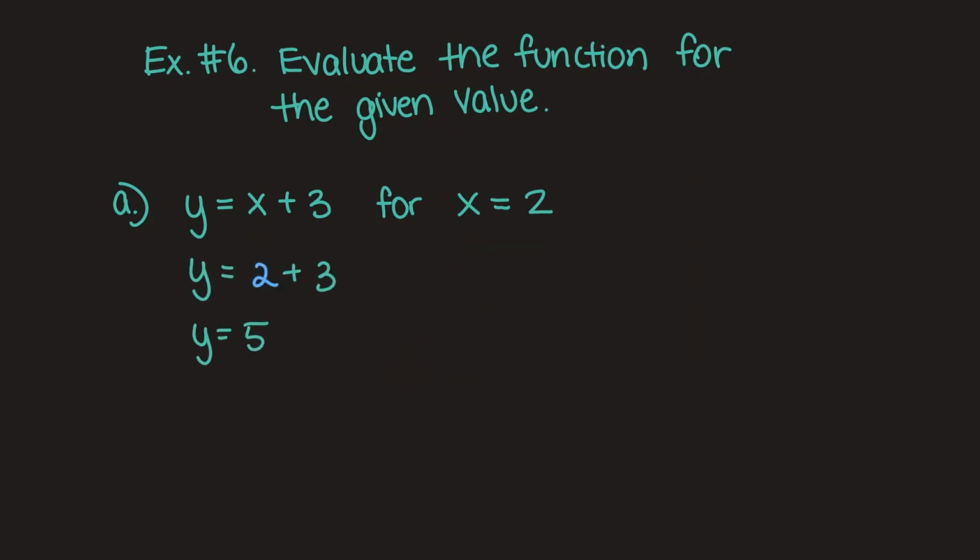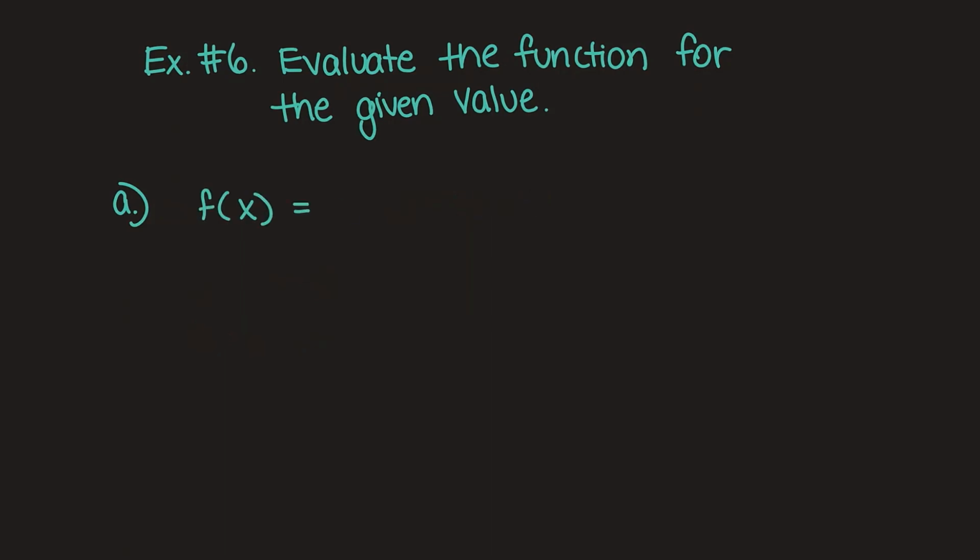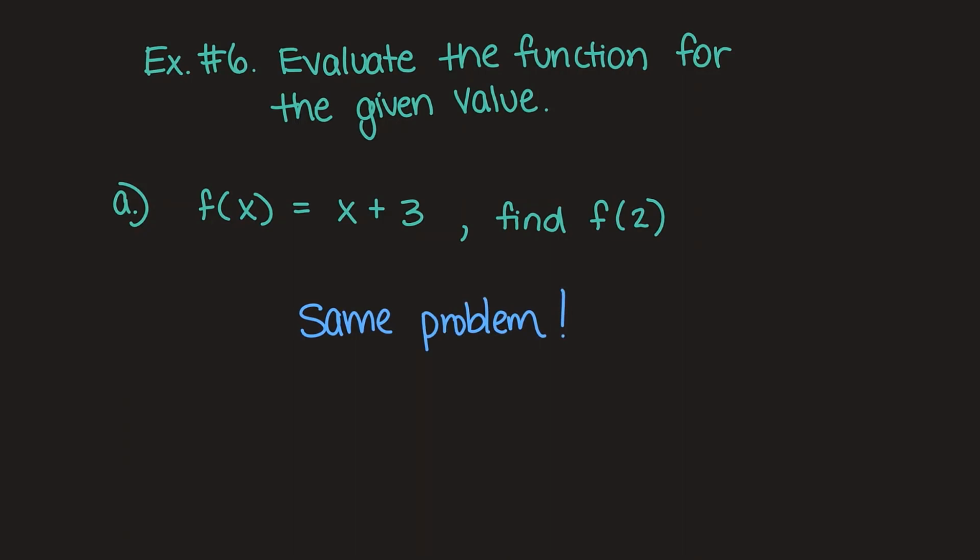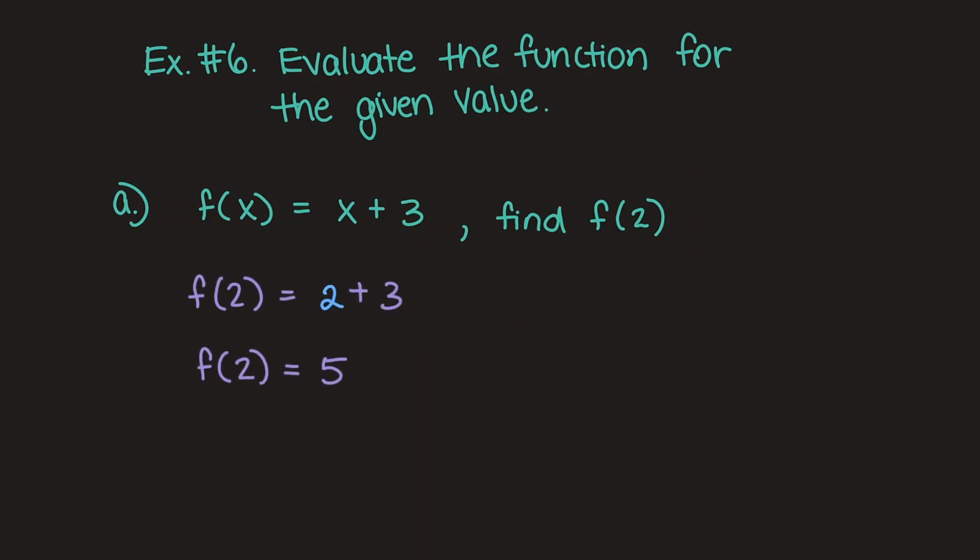And we get y is equal to 5. This question could have also been written in this manner, where we want to find f of 2. This is actually the same problem, just written in function notation. So again, all we do is substitute 2 into our function for x. And we also get an answer of 5. So f of 2 is equal to 5.